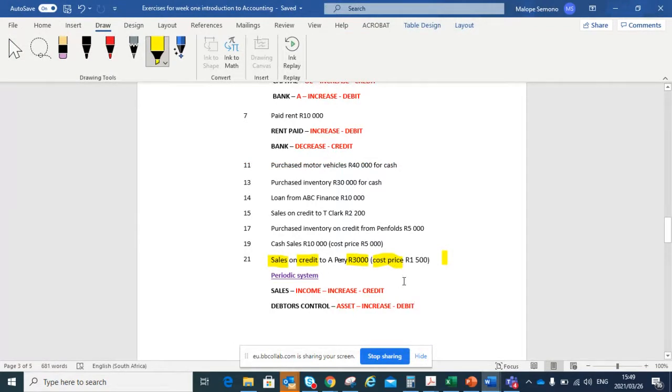The periodic system says that when you are selling, you don't have to record cost of sales for every sale that you make. You can only calculate cost of sales at the end of the period for all the sales together. We are not yet at the end of the period, so we only record sales for now. The cost of sales can only be calculated at the end of the period. That's why I can only show sales and debtors.